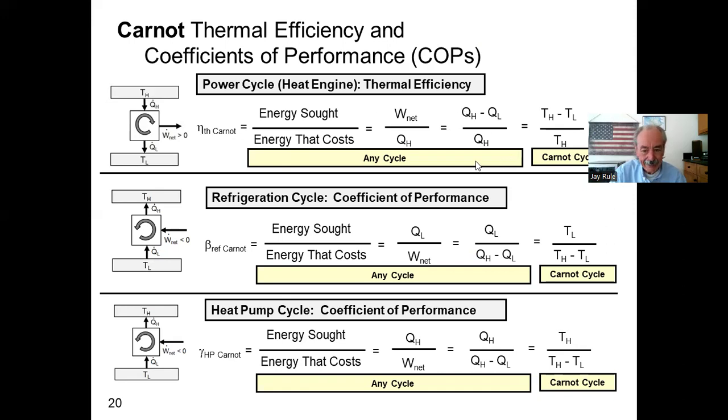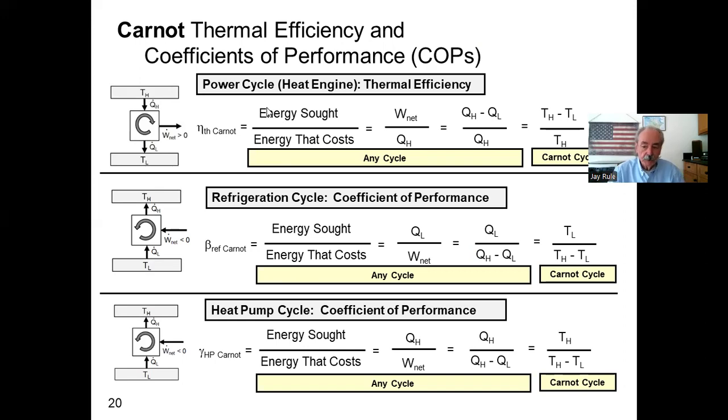You can go back and refresh your memory on all these formulas, but my claim is that you can figure the formulas out on your own without writing them down, as long as you use some common sense to recognize that eta, beta for a refrigerator, and gamma for a heat pump, all of them equal the energy sought over the energy that costs.